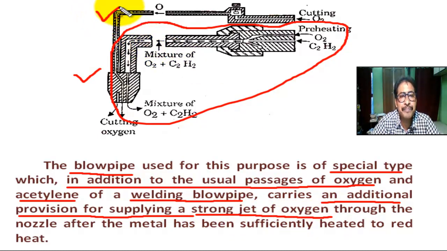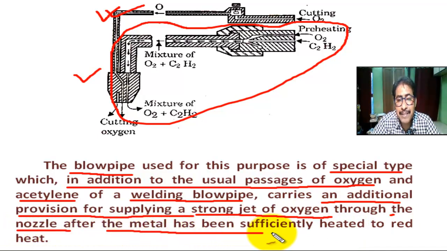This is the additional pipe through the nozzle after the metal has been sufficiently heated. When the metal is sufficiently heated to red heat, then this cutting oxygen flows. This is controlled by this knob.